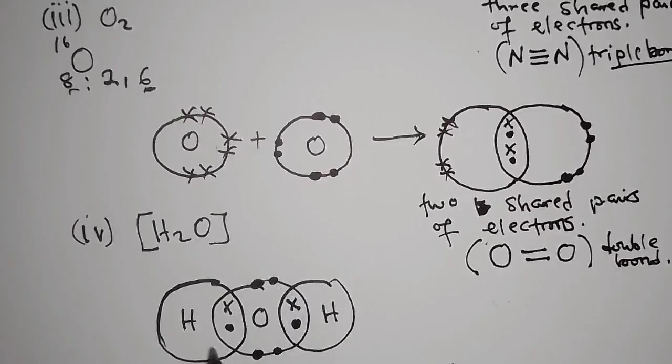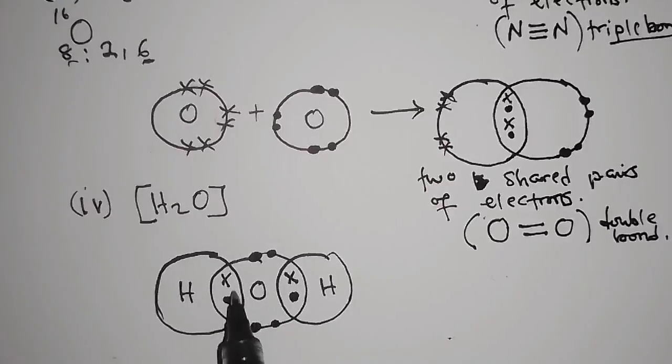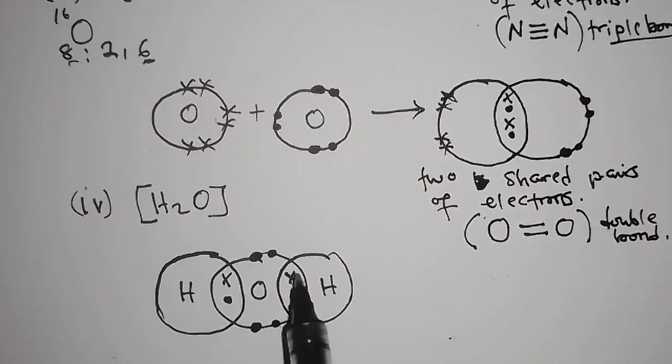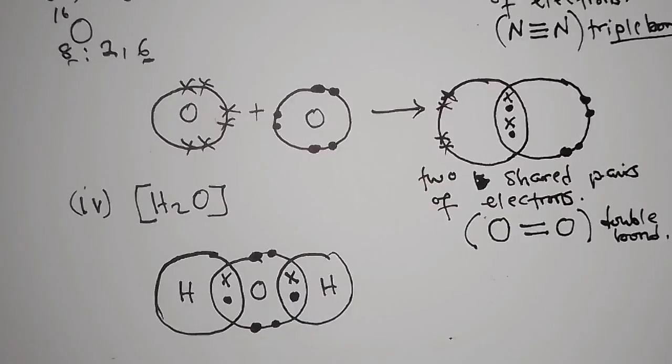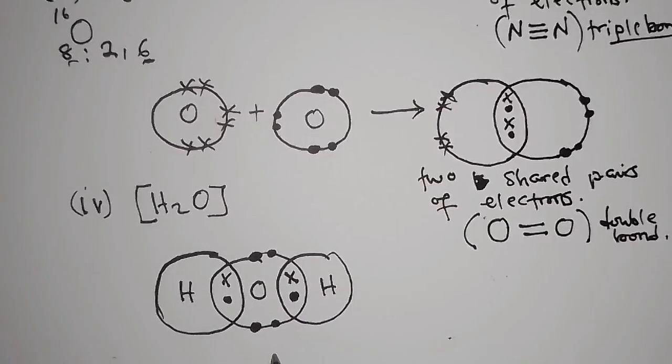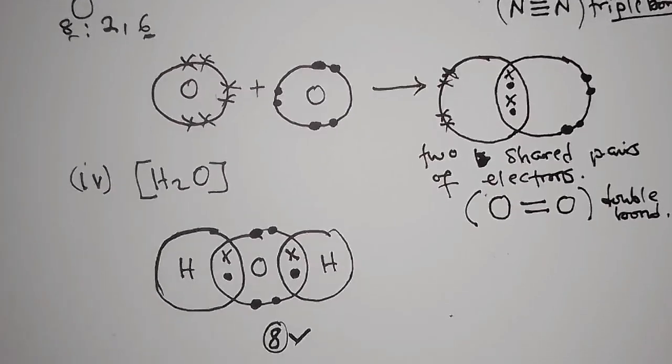When you count this now, it becomes even more stable than they may be individually: 1, 2, 3, 4, 5, 6, 7, 8. The idea is that whatever is being shared, together with these individual ones, must come to a total of 8.